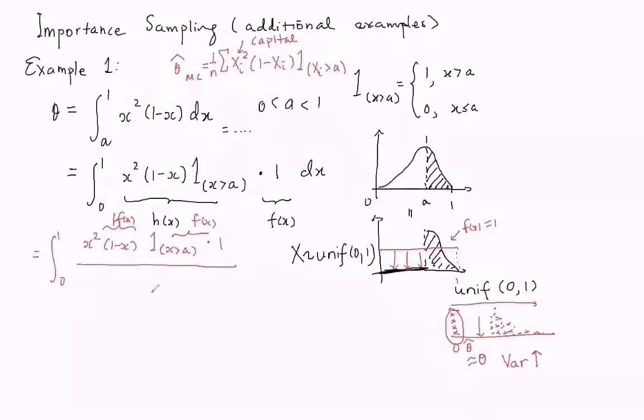When I find a g(x), the distribution of this g(x) has to be, as much as possible, similar to the distribution of f(x), okay? So the most reasonable candidate here, your f(x) is uniform, so you should pick another uniform candidate.